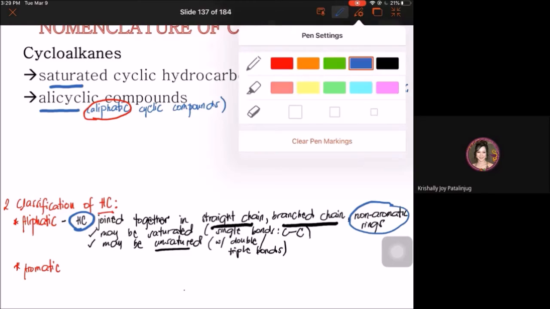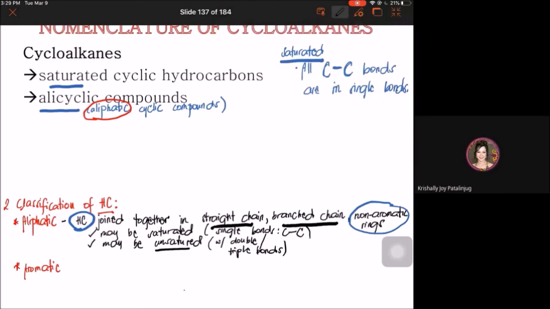Now, another class of hydrocarbon is yung aromatic. I-define ko lang siya ha, although we have a separate segment to deeply discuss what is an aromatic ring. And we will also be identifying aromatic ba or non-aromatic ring sa next proceeding segment sa discussion.